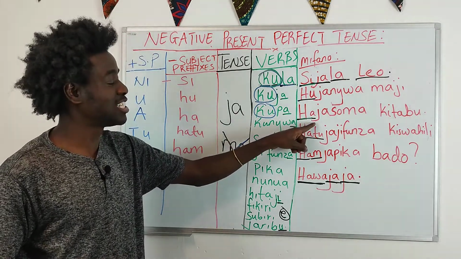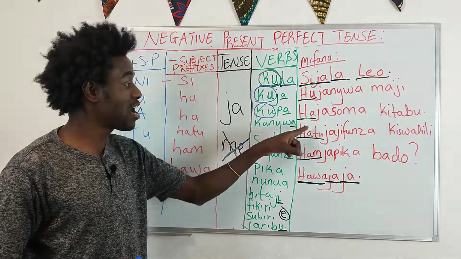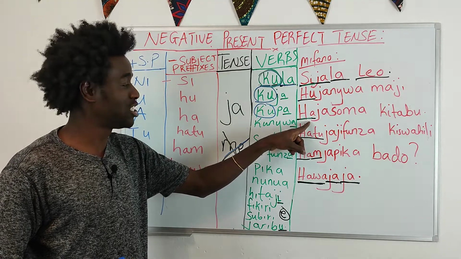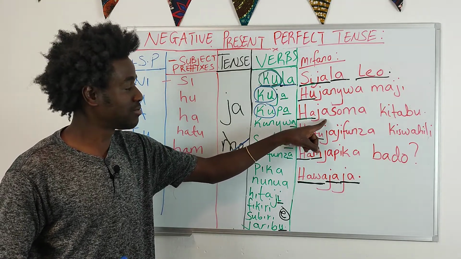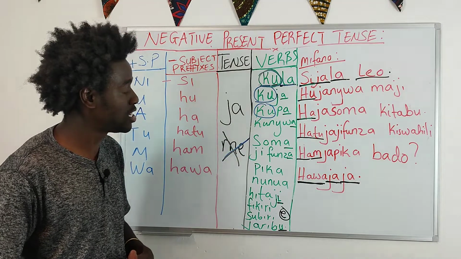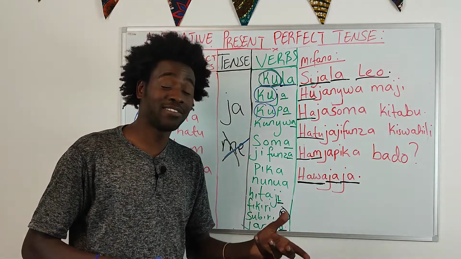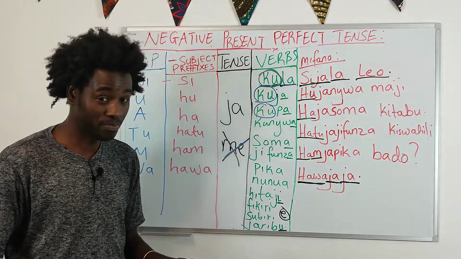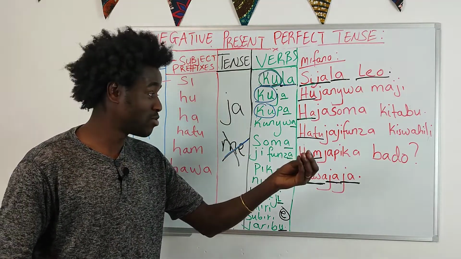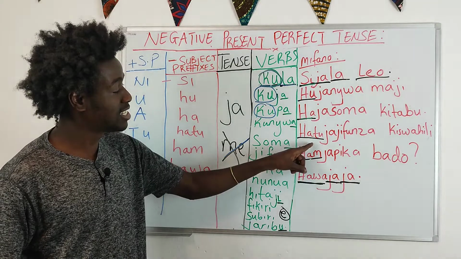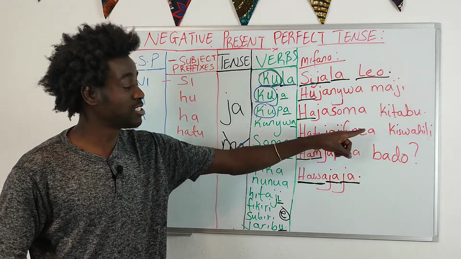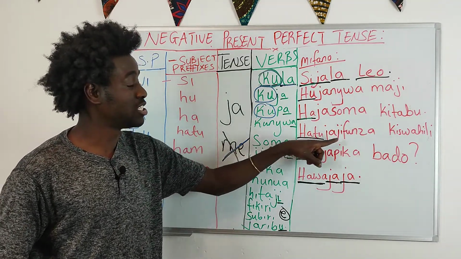And next is hajasoma kitabu. Ha, he or she. Ja, negative tense, and soma, read, and kitabu, book. So hajasoma kitabu means he hasn't read a book, or she hasn't read a book. Next is hatujajifunza Kiswahili.